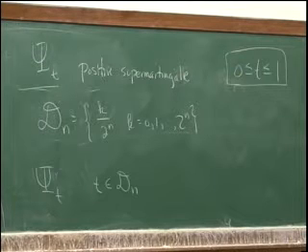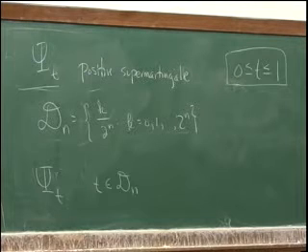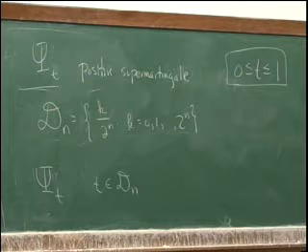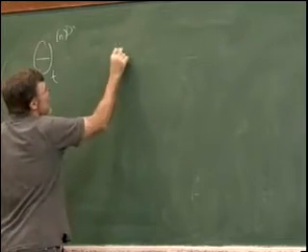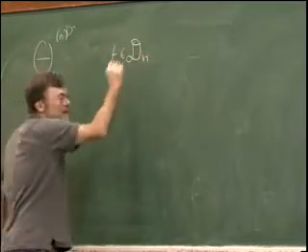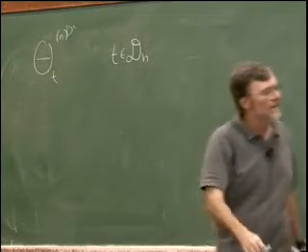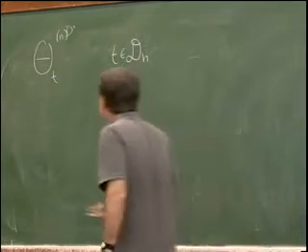Well, in that case, we will define theta_t^n, which will be an approximation of theta_t, and theta_t^n will only exist for t in D_n. And it's actually very simple.